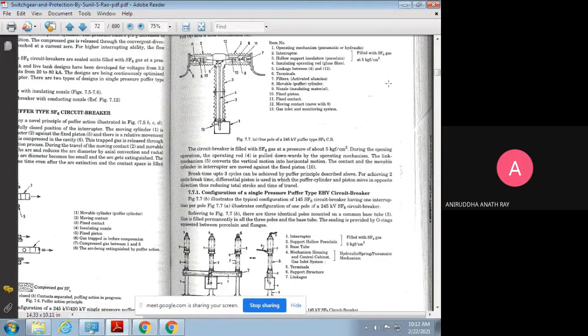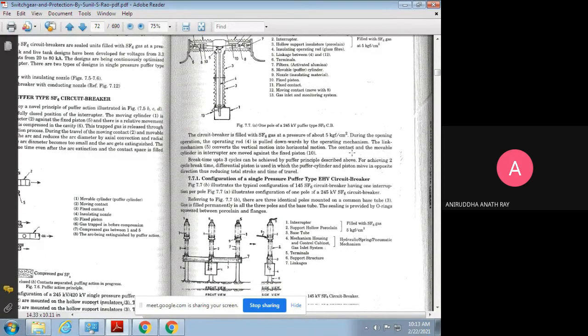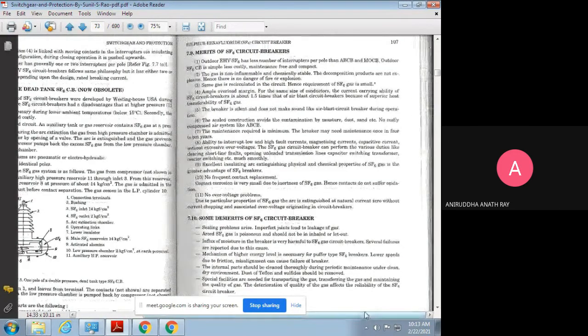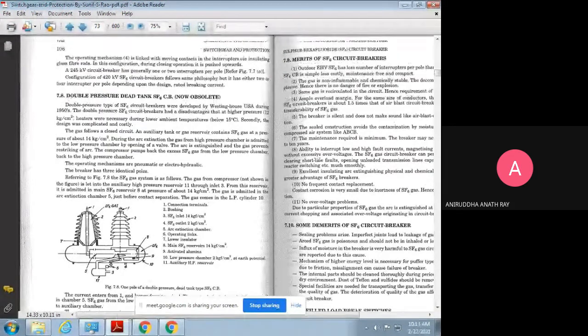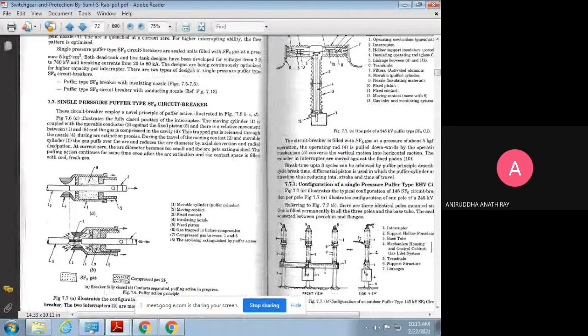This was about the single pressure puffer type SF6 circuit breakers. You need not study the double pressure dead tank type; it has now become totally obsolete. Currently, the single pressure puffer type is commonly used.